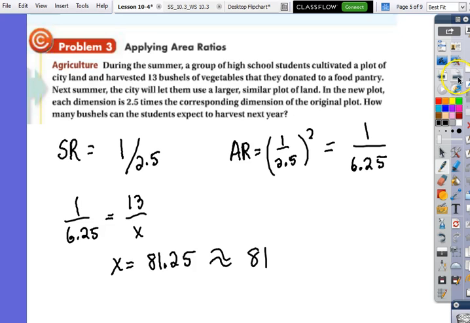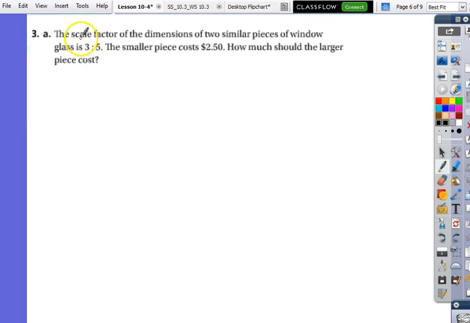Okay? So, scale factor of the dimensions of 2 similar pieces of window glass, 3 to 5. The smaller piece costs $2.50. How much should the larger piece cost? And usually pieces cost based on square feet, or square, in this case, I don't know.